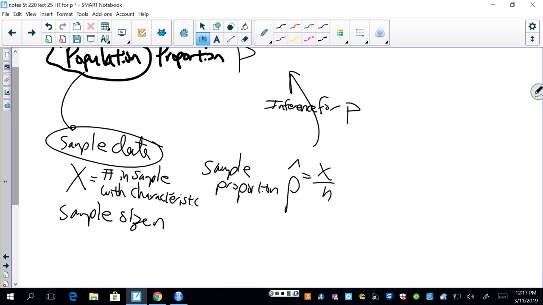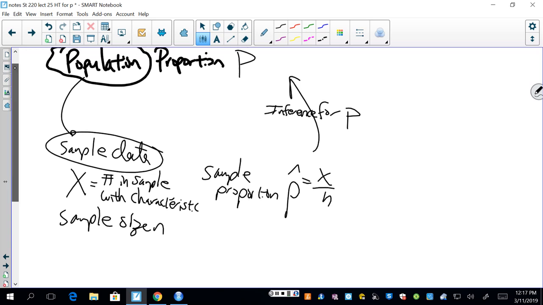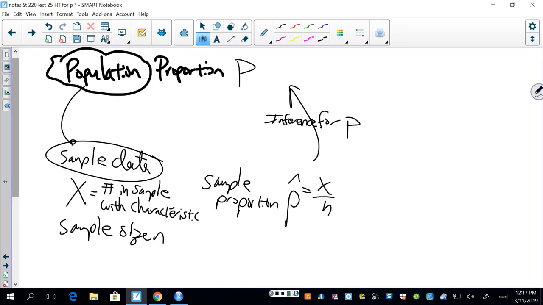In hypothesis testing, we set up a hypothesis about that population proportion, and we're going to see if the data are consistent with that or not. So we're going to set up a null hypothesis that p equals some particular value that we're interested in.